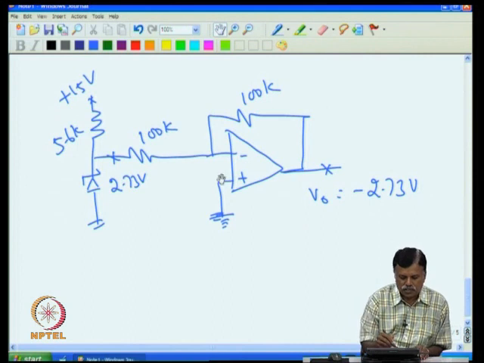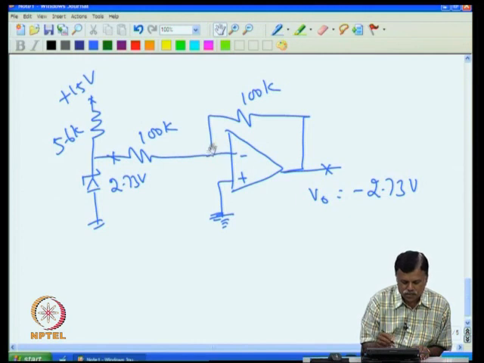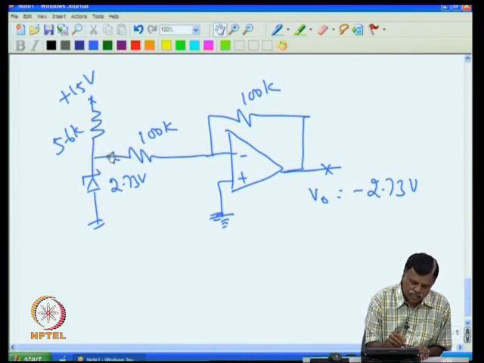So, this input and this point are essentially the same. If this is 0, ideally this is also 0. So, the current flowing through this resistance is 2.73 volt divided by this resistance. This current basically comes from here, and then part is going here, part is going here. So, this current should be small.